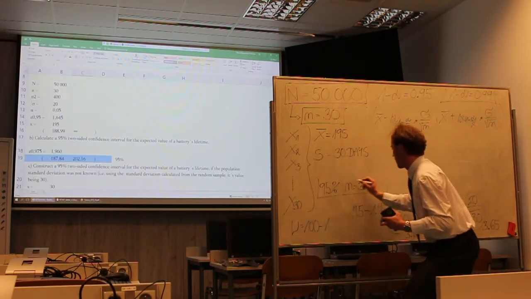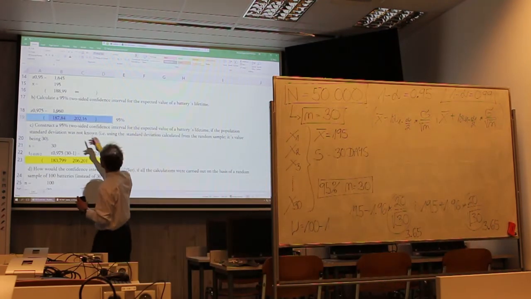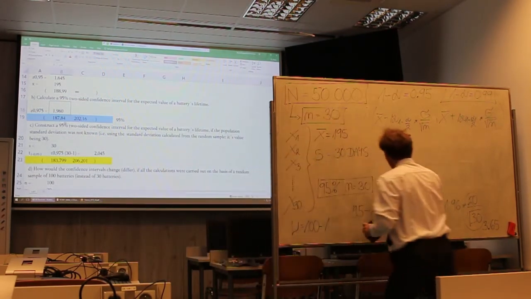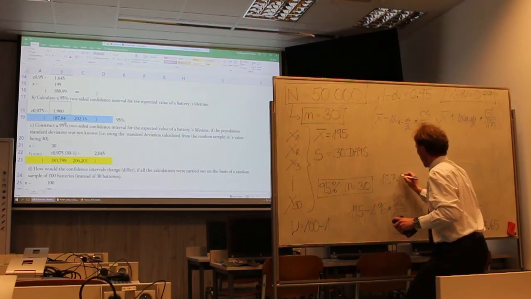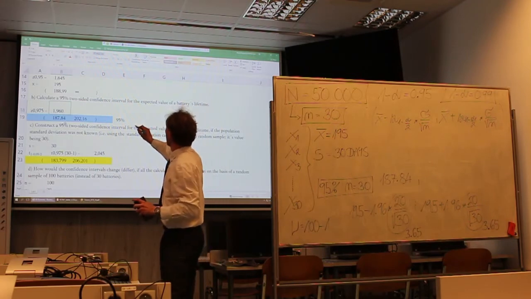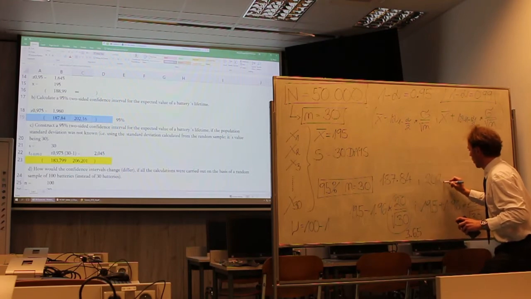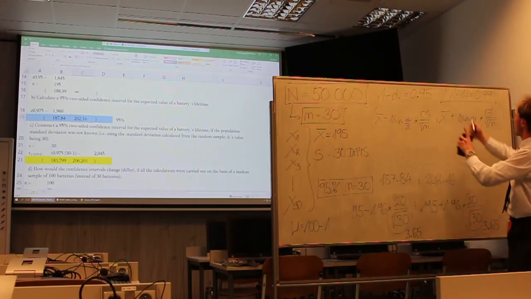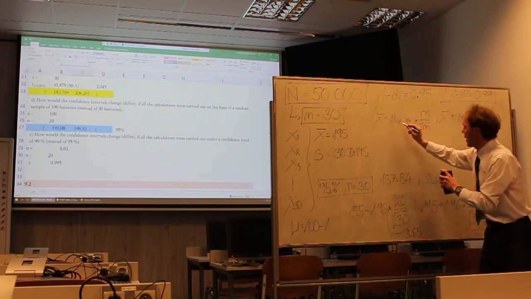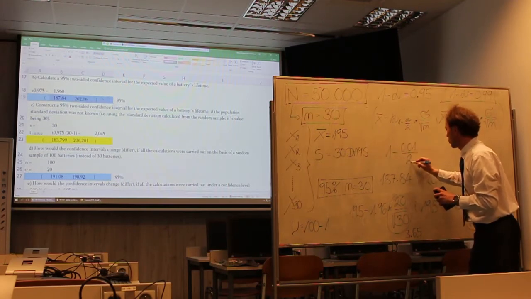So the original value was 187.84 for the left bound, and for the right bound, 202.16. And now, because we are using 1 minus alpha equal to 0.99, there is 1 minus 0.01 divided by 2.